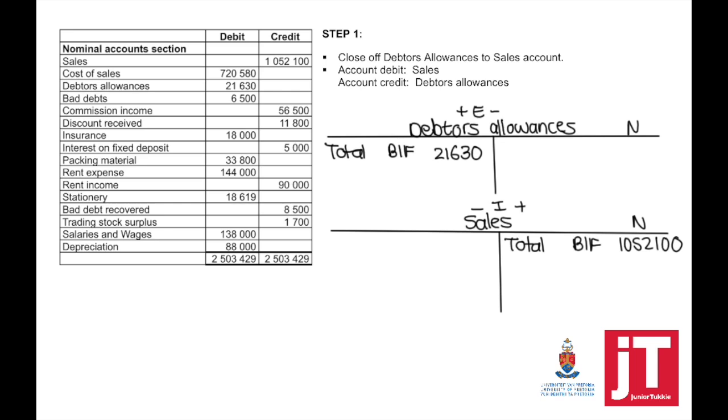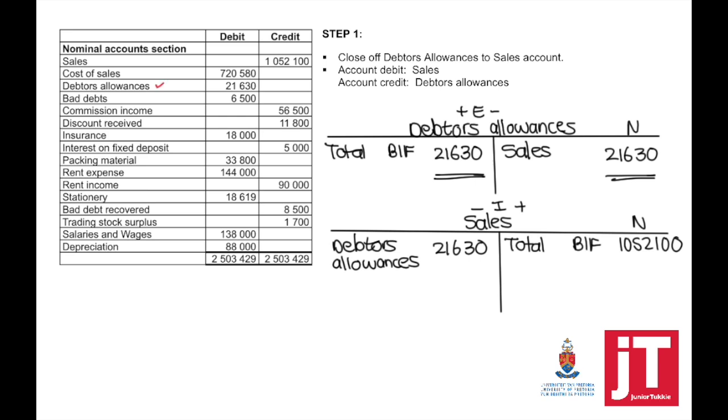So when we're saying that we're closing off debtors allowance, it means that there will be no balances or totals left over in that account. Whatever is on the debit side, and again, a reminder, this is now after we've done adjustments, whatever is on the debit side is now taken to the sales account, which means that debtors allowances is going to be credited, account debited, sales. So that is my step number 1.